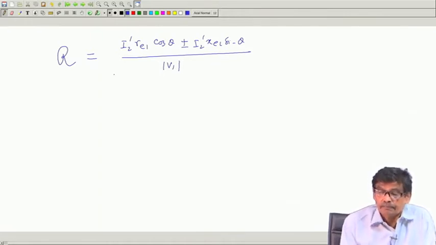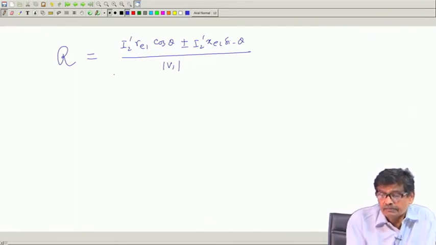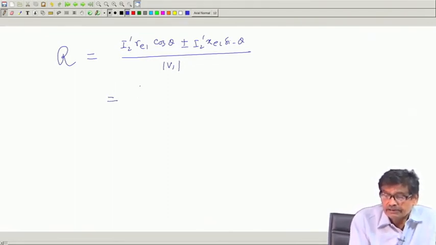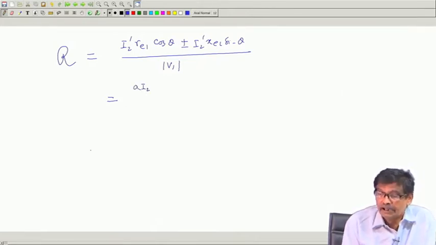How can it be written? Because I2 dashed is nothing but A into I2.